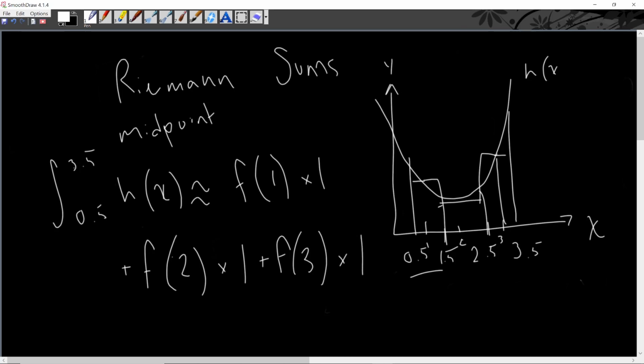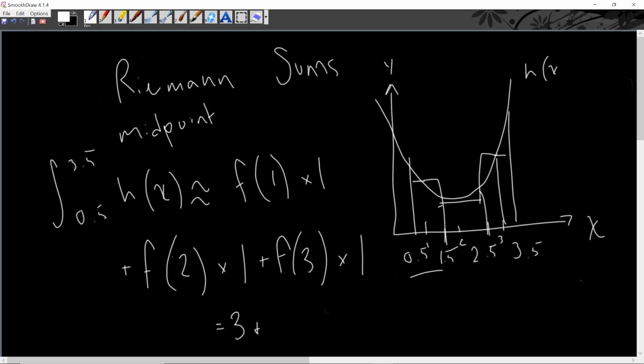I know it's h, but I keep writing f. We know what our delta x is and we know what our f of xi is, so we can just plug that into our original formal definition of an integral. And so f of 1, or h of 1, is, for this function, 3.